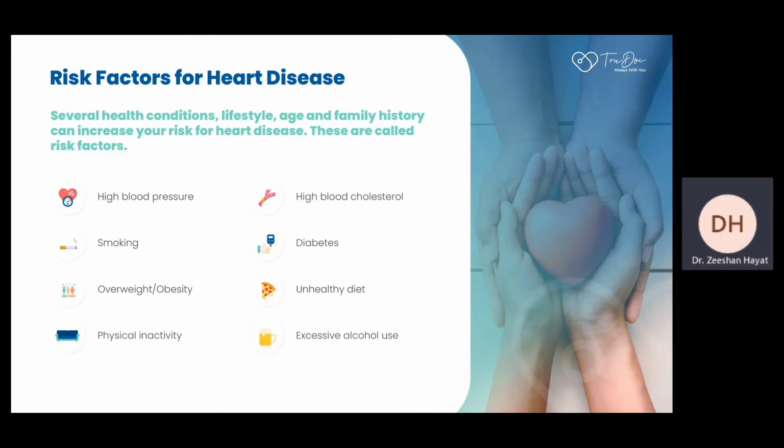If you have high cholesterol, take proper medications. If you're diabetic, take your medications on time. If your sugar levels are not too high, you can control your diabetes with exercise and dietary modifications. Blood pressure I will discuss in the next few slides. Smoking, okay?